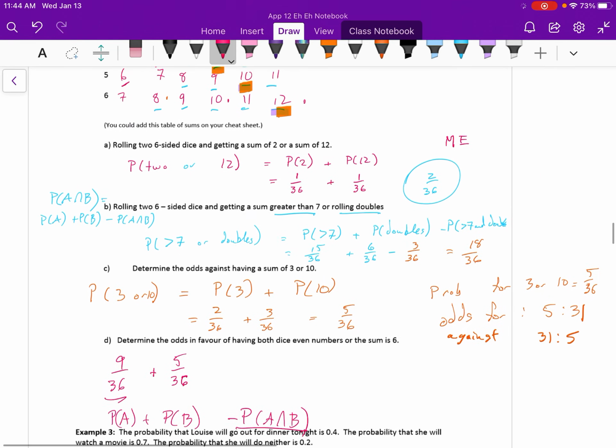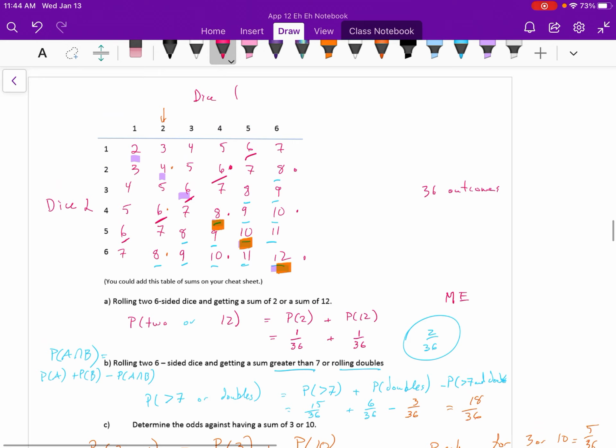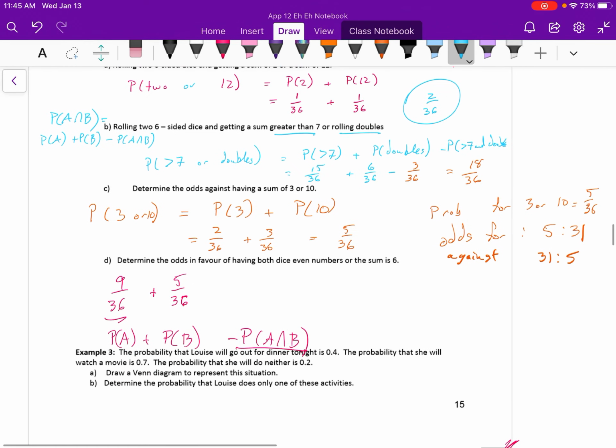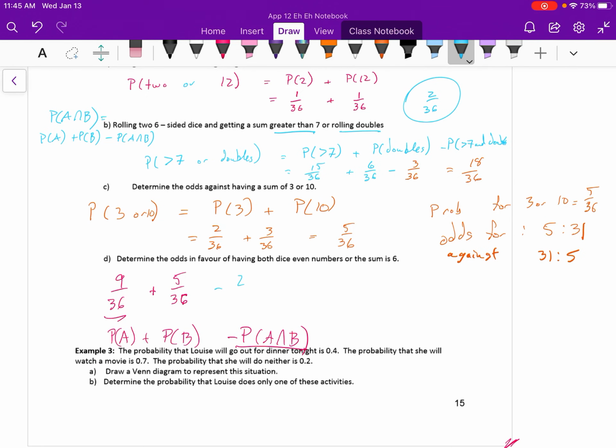And now that helped me out because when are both dice even and a sum of 6? It happens when 4 and 2 or 2 and 4.